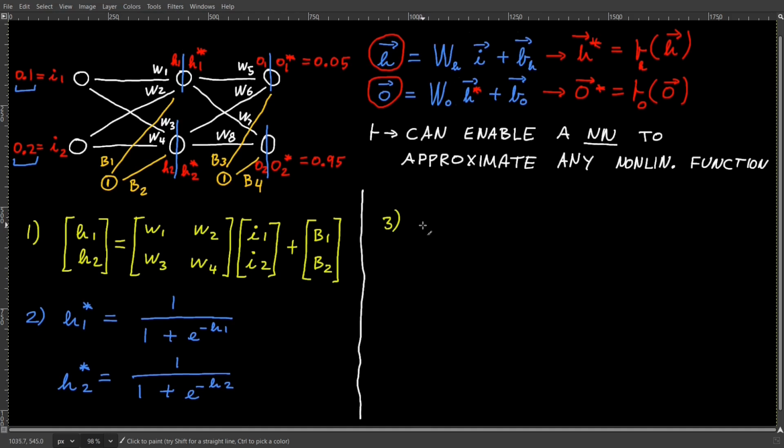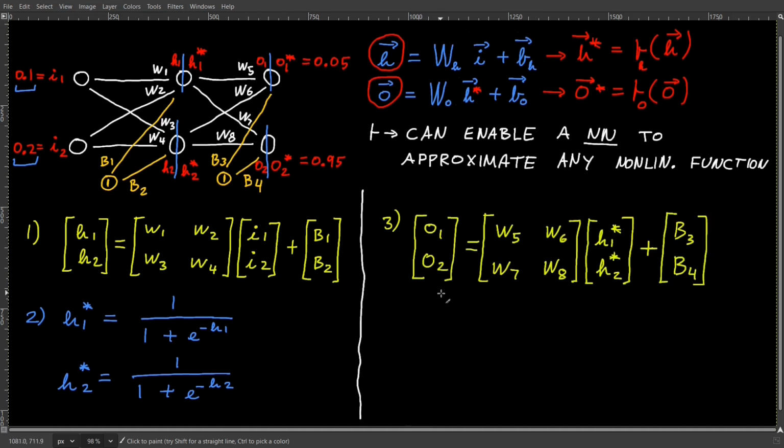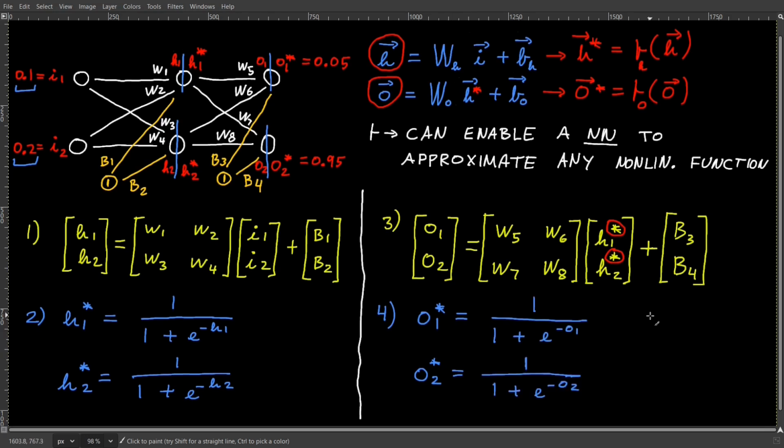Once that is complete, we will calculate O1 and O2 using h1 asterisk and h2 asterisk. It's important that you use the activated neurons. And finally, in order to calculate O1 asterisk and O2 asterisk, you will again apply the activation functions. You will so-called activate the output neurons, and our target outputs will be these ones here.